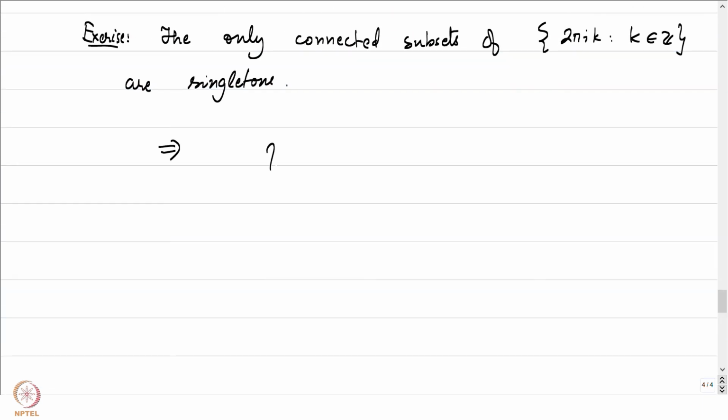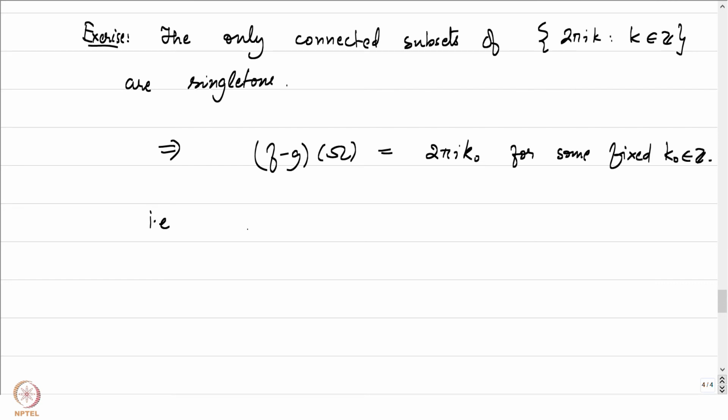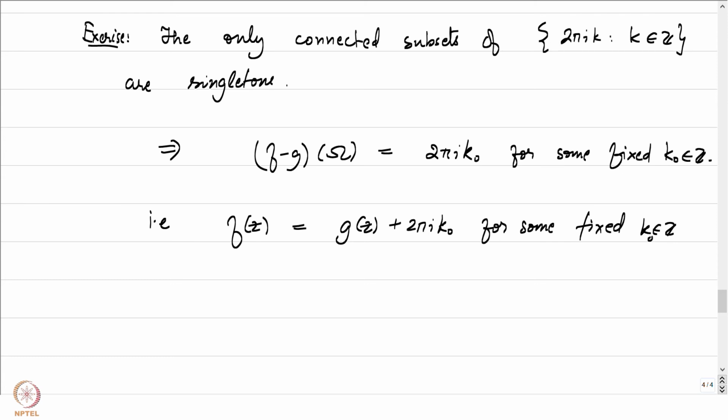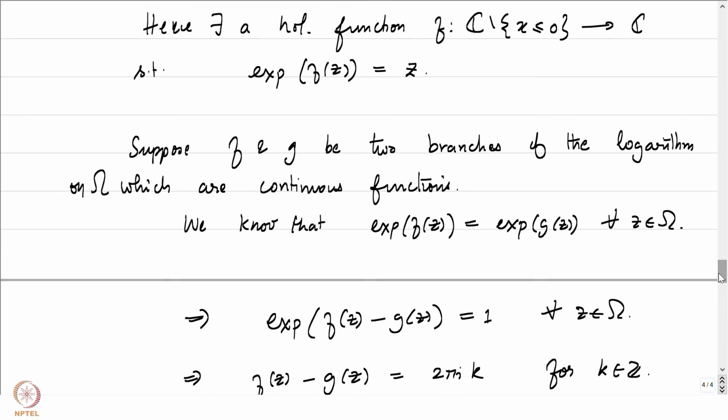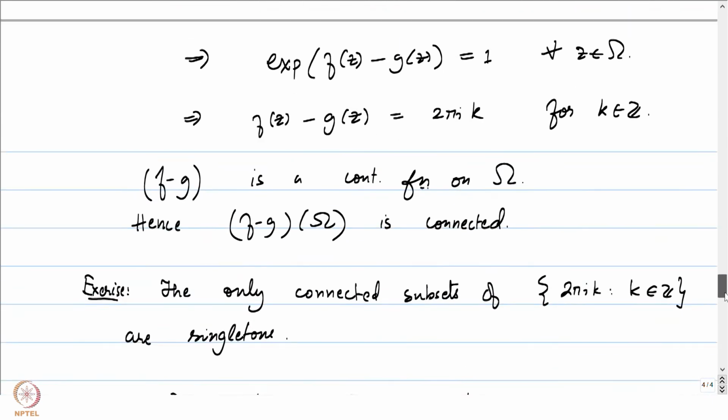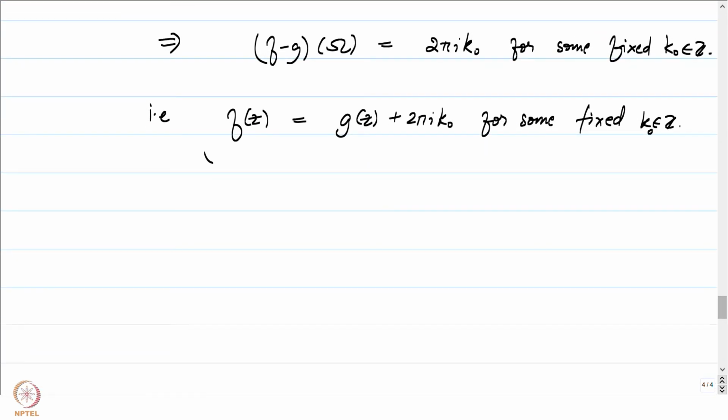In particular, we have f minus g of omega is equal to 2 pi i k0 for some fixed k0 in Z, i.e. f of z is equal to g of z plus 2 pi i k0 for some fixed k0 in Z. So what we have just observed is that if we have two continuous branches of the logarithm on a connected set omega, they better differ by 2 pi i k.